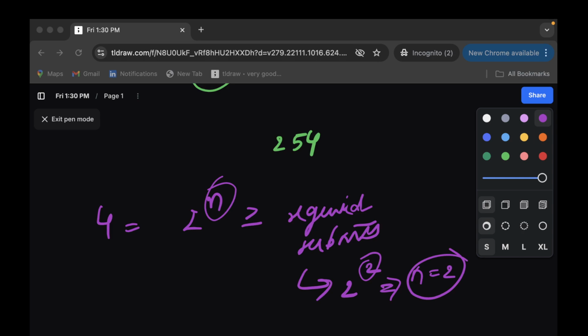Why do we do masking in the first place? Now, what is the problem here?